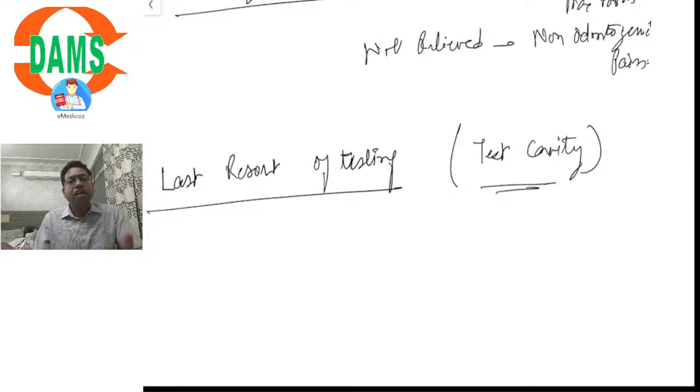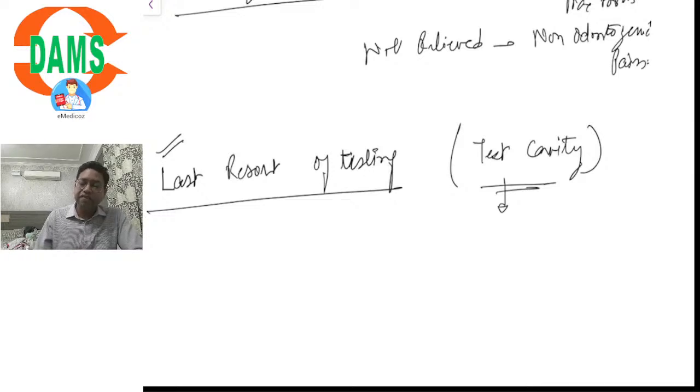Why last resort? Because it is an invasive method of testing. As the name indicates, test cavity, we would prepare a cavity into the tooth suspected of having some problem. And since damaging the tooth structure is involved, it is an irreversible method of testing the tooth. That's why it is used as the last resort of pulp testing.